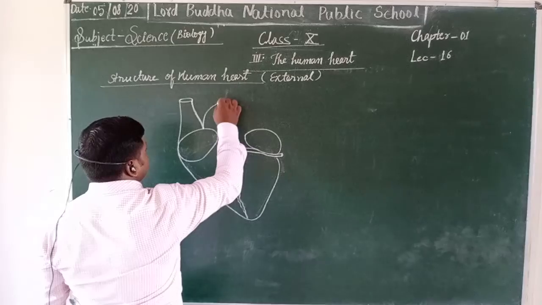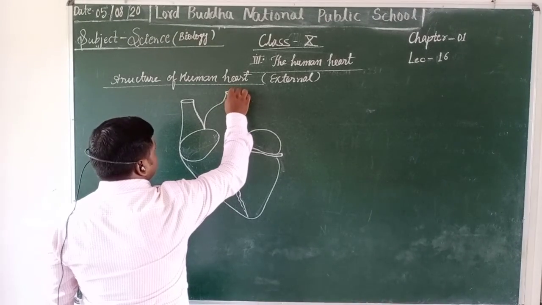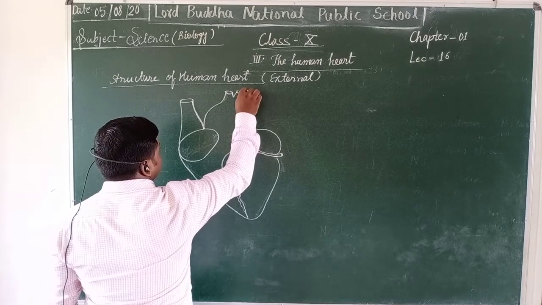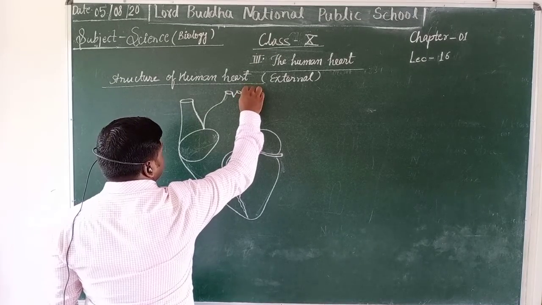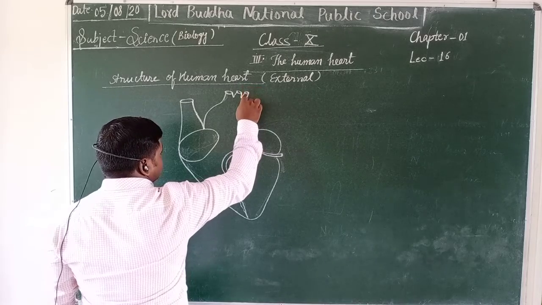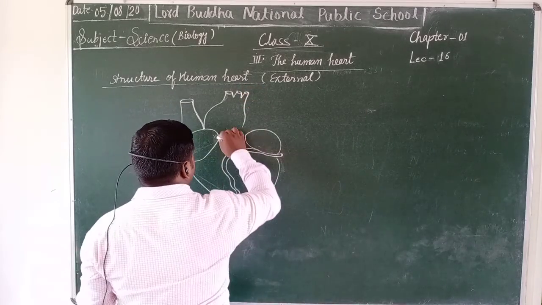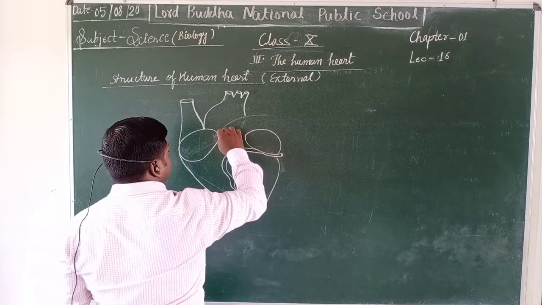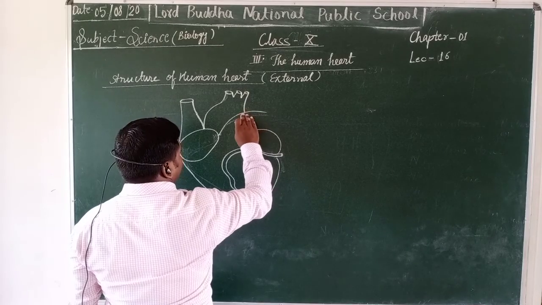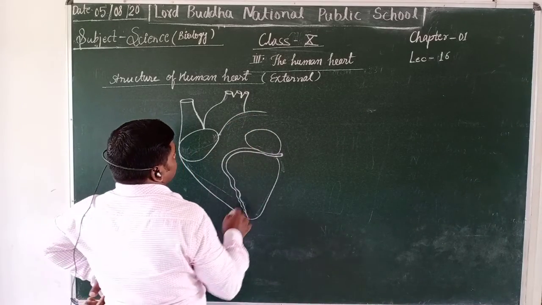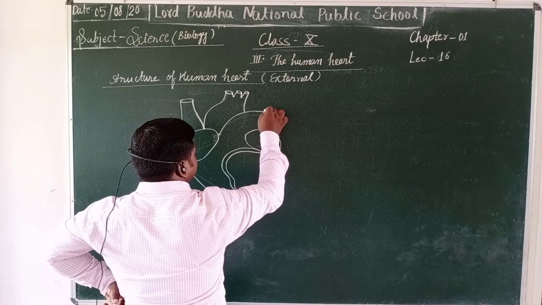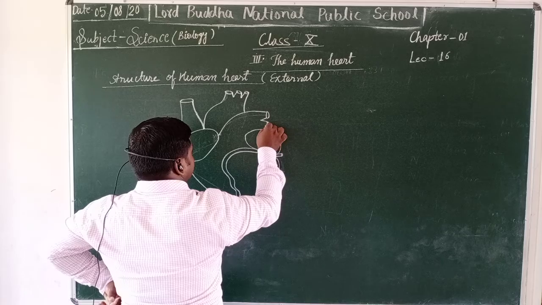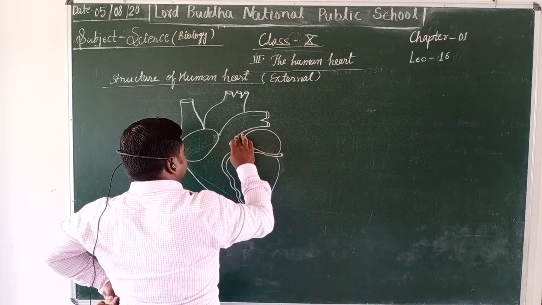These are the three valve-like structures that are called the arch of aorta, through which the blood is supplied to the whole body. This is the pulmonary trunk.